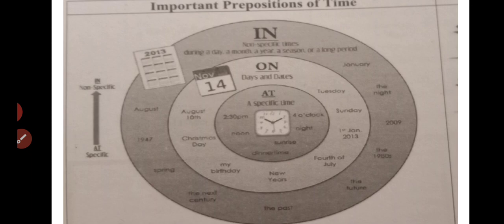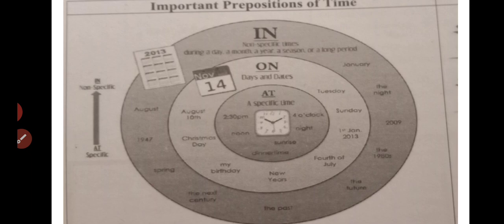Next, the preposition on. This word on is used before days and dates. When we say a day, Tuesday or Monday or Sunday, before the days we use the preposition on. On Sunday, on Monday.